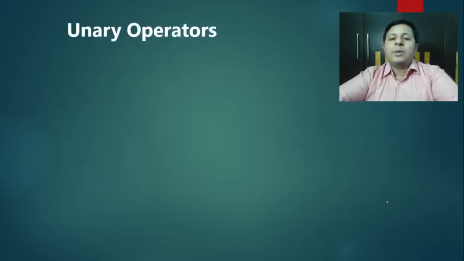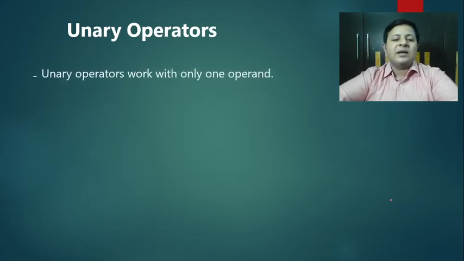Unary operators, as the name suggests, work only with a single operand. That's the basic way to explain it. Whenever we have an operator working with a single operand, it is called unary. A typical example maybe we can have is plus plus a, not a, minus a.